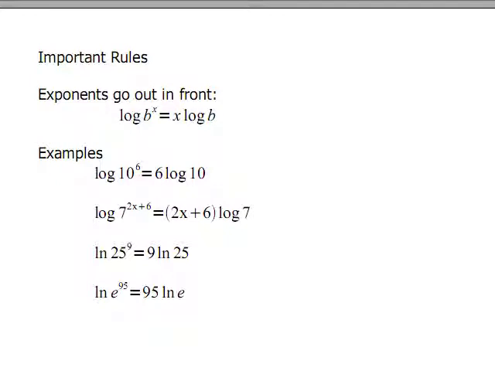Here are some important rules for logarithms. If you take the log of any number, where b is any base, and it has an exponent associated with it, that exponent goes out in front and multiplies the log. So if I have log of 16 to the 9th, that is 9 times the log of 16.